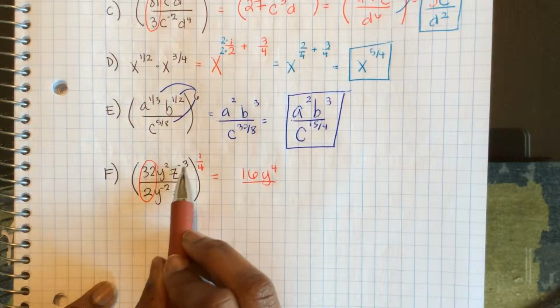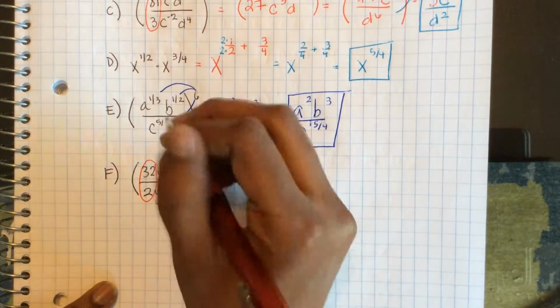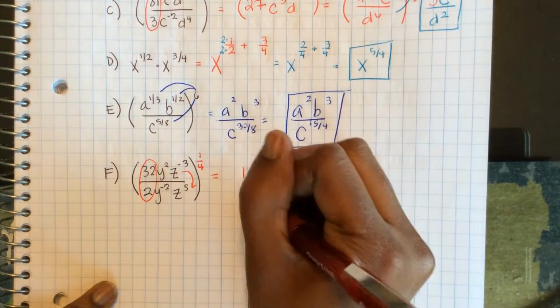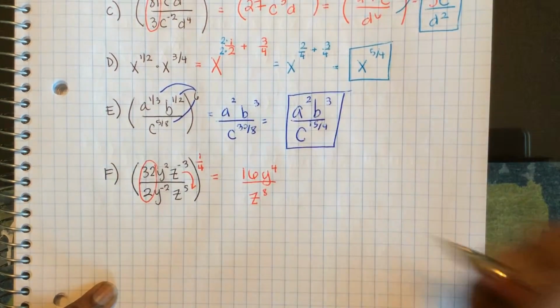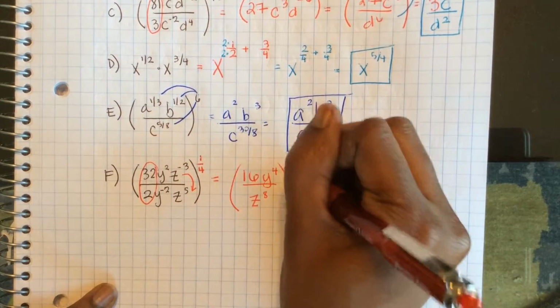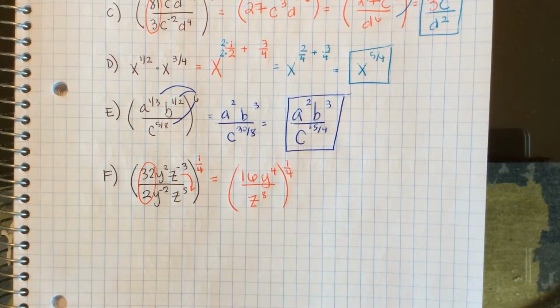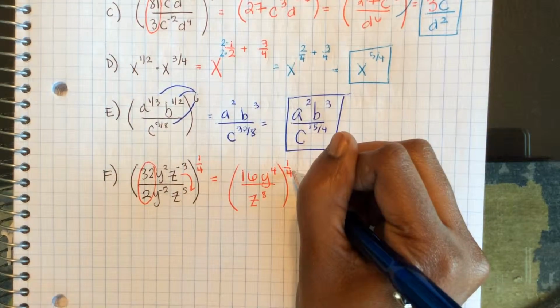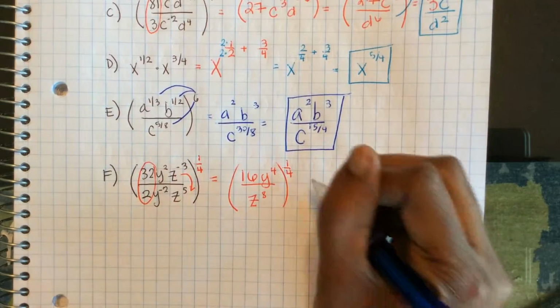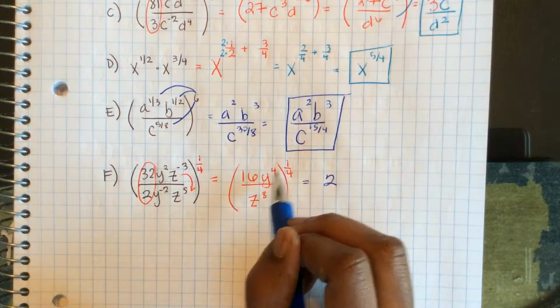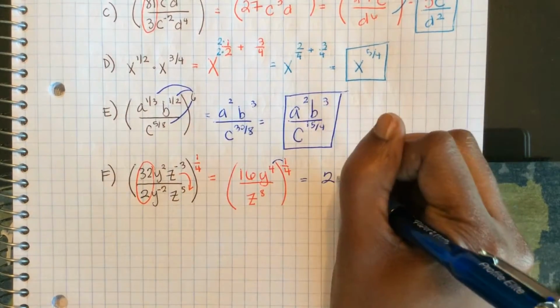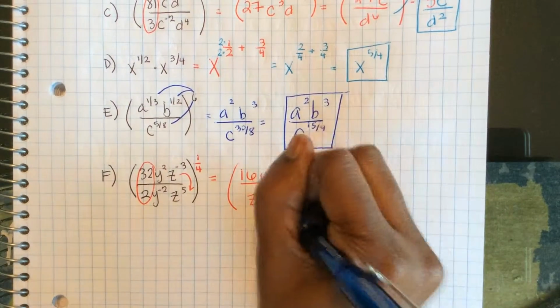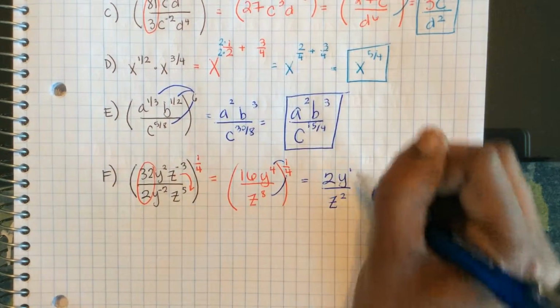And here, these z to the -3, I'm going to move that down to my denominator to make z to the 8th power. And that's all to the 1/4. So 1/4 power is the same as the 4th root of 16, which is 2. 1/4 times 4 is y to the 1st, and 1/4 times 8 is z squared.